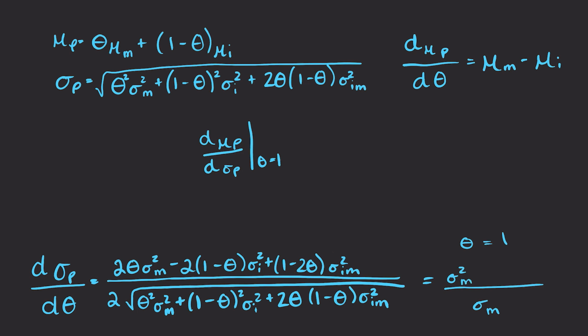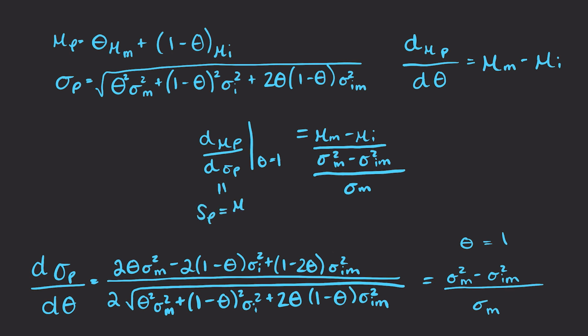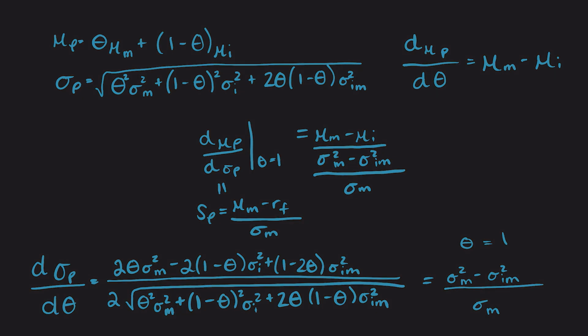This one goes to 0 minus sigma squared im. So this whole thing equals mu m minus mu I divided by sigma squared m minus sigma squared im, the covariance, divided by sigma m. And all this, we said, was equal to the Sharpe ratio. And the Sharpe ratio is mu m minus rf over sigma m.